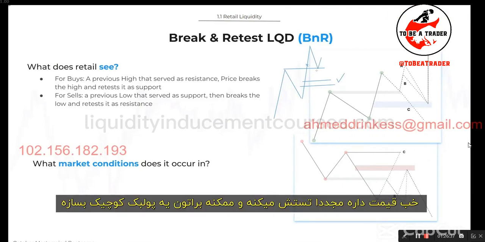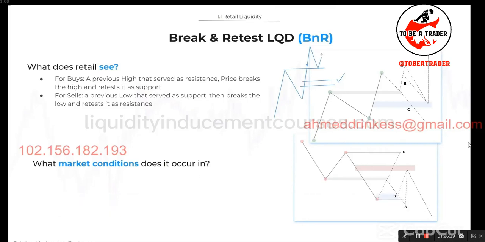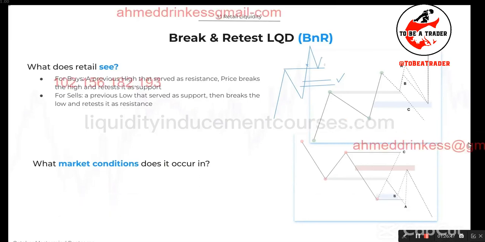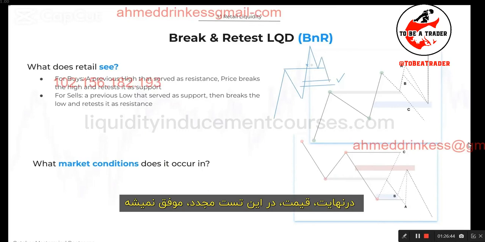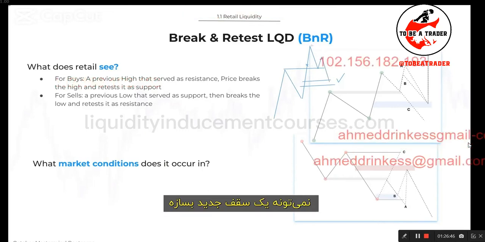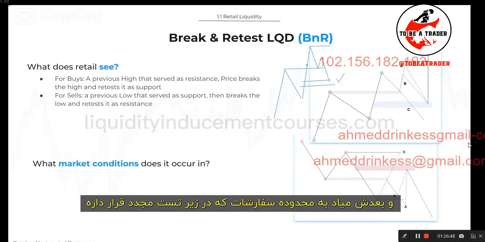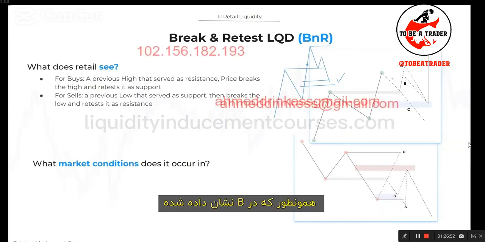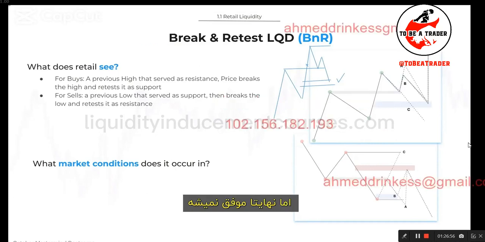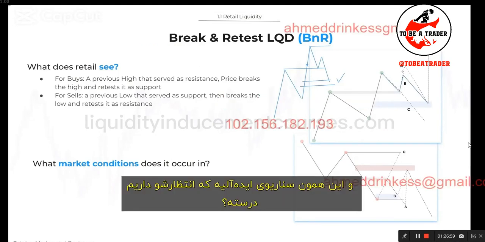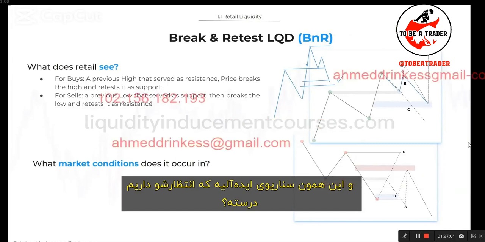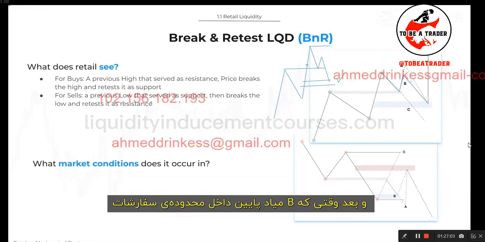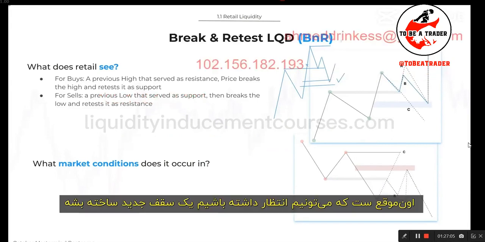So price will retest it, might give you a little pullback. Then what's going to happen? Price will then end up failing from this retest, failing to make a new high, and then it will come to the order block below the retest as indicated in B. It'll give an initial small reaction, but then it'll end up failing. And that's the ideal scenario that we can expect. And then after B comes down to our order block, then we can expect a new high to be made.